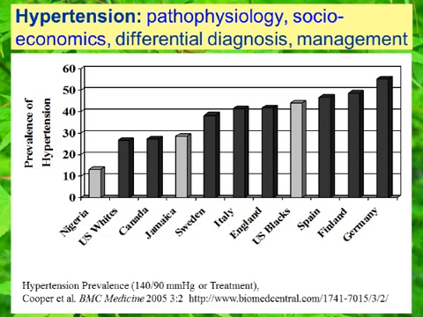So what this graph shows is that there is a racial predisposition as well as a societal predisposition, and indeed a geographic predisposition as well. But from whatever angle we look at it, certainly there's consensus around the fact that hypertension is a worldwide health problem, and that its diagnosis and treatment is a worldwide health priority.